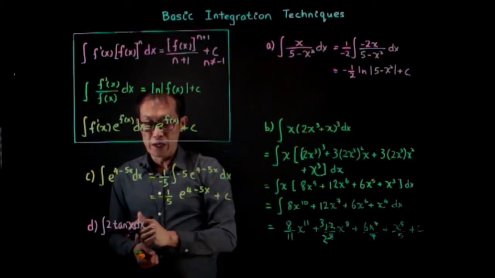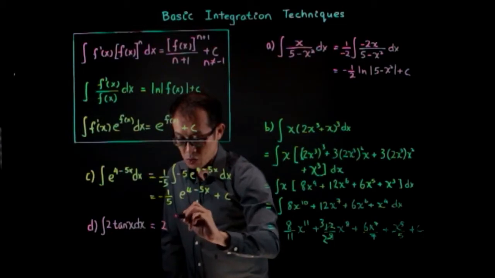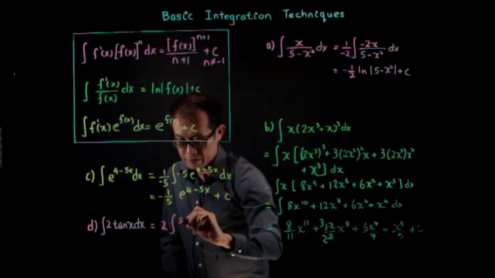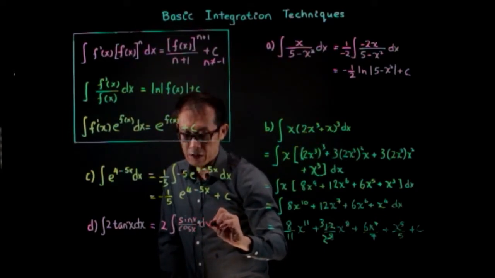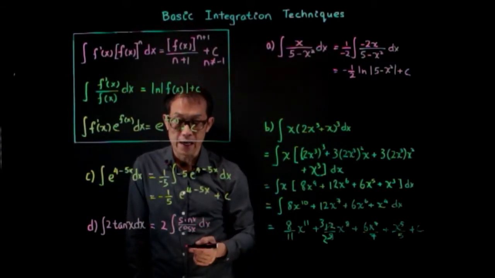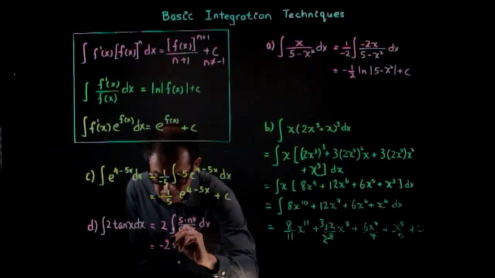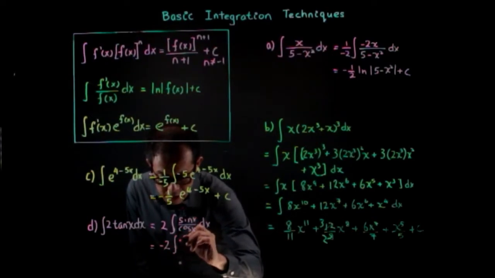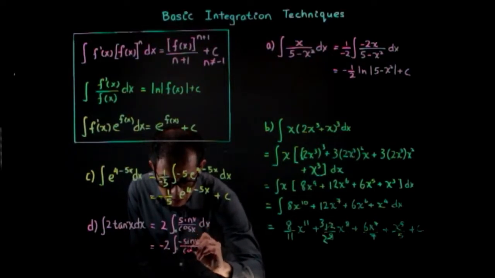the green formula. So you have 2, you take out the 2 if you want. So you have sine x over cos x. Now the differential of cos x is minus sine x, so you can put a minus here. Integration of minus sine x over cos x.